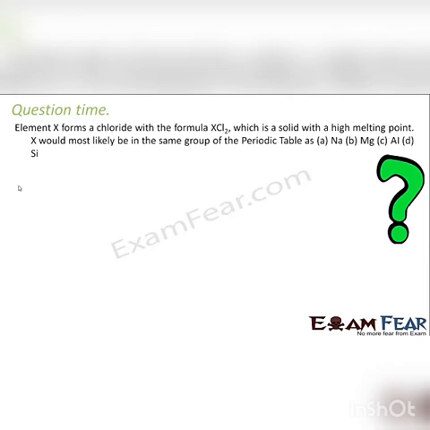Element X forms a chloride with the formula XCl2, which is a solid with a high melting point. X would most likely be in the same group as? See, since X forms XCl2, if you see Na forms NaCl, Mg forms MgCl2, Al forms AlCl3, right?